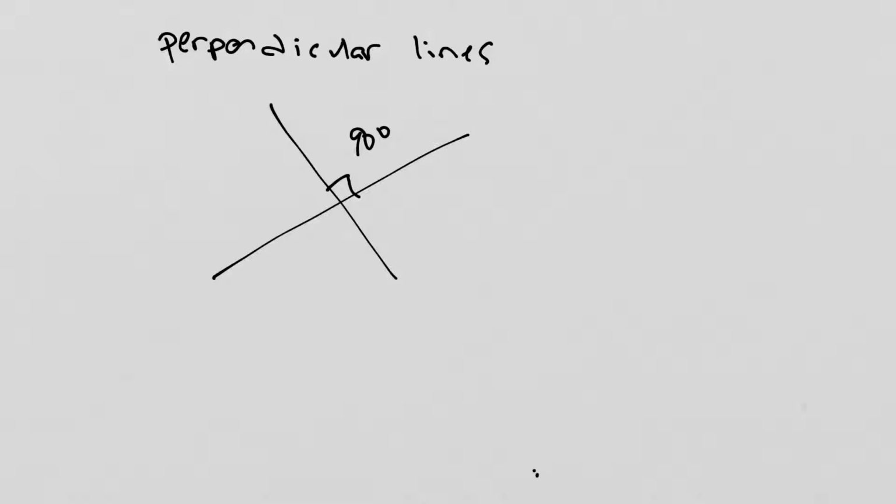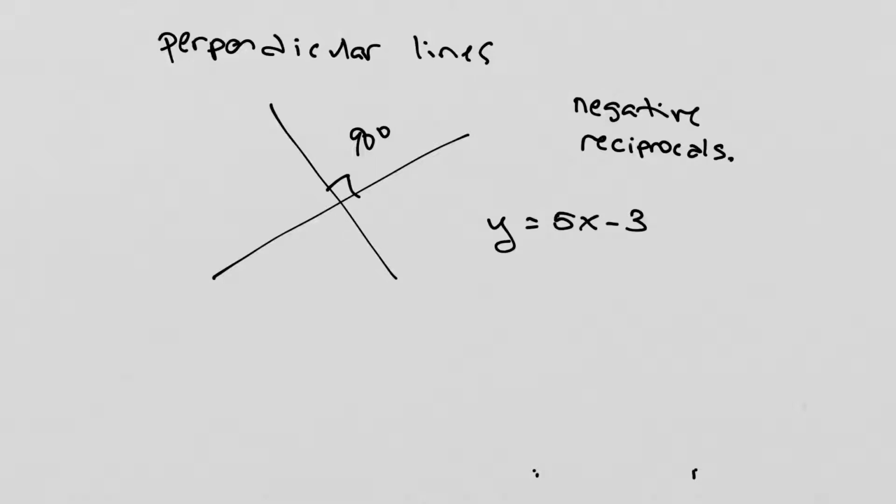All right, the way you have perpendicular lines is if the slopes of the two lines are negative reciprocals. For instance, if I gave you this line, y equal to 5x minus 3, in order to be perpendicular to that line, the only thing I care about is having a negative reciprocal for that slope. The y-intercept really does not matter at all.